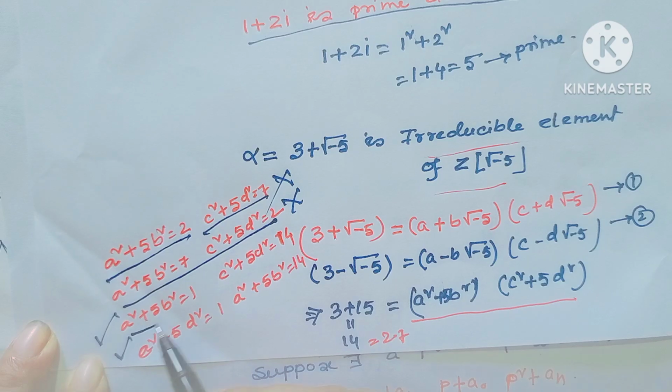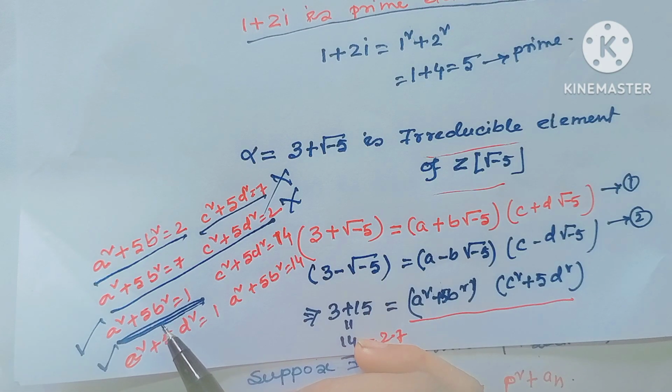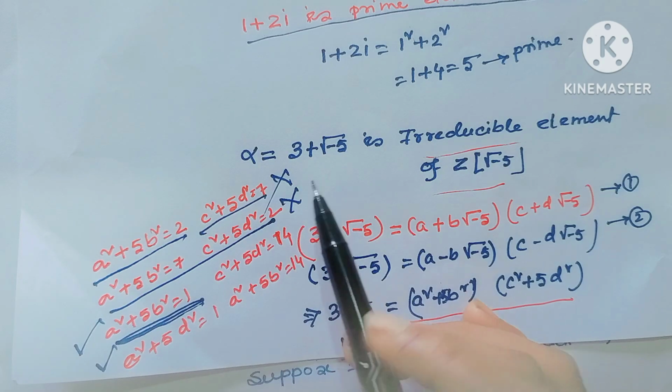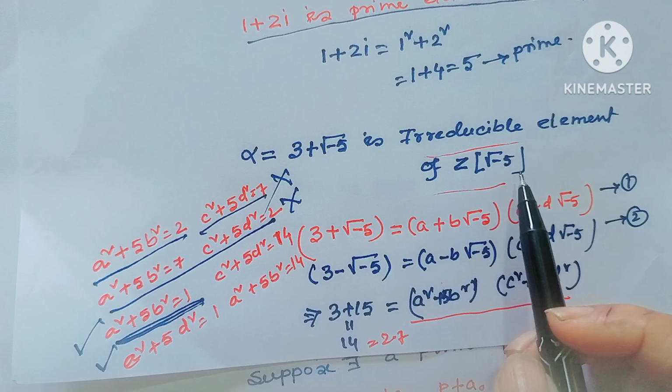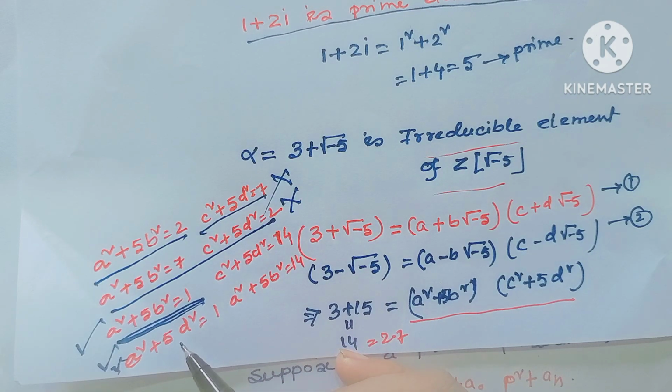If a square plus 5b square equals 1, that means a plus b square root of minus 5 is a unit element in Z[square root of minus 5]. Also, if we consider this, then c plus d square root of minus 5 is a unit element.